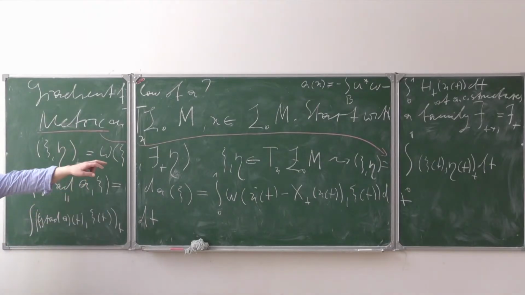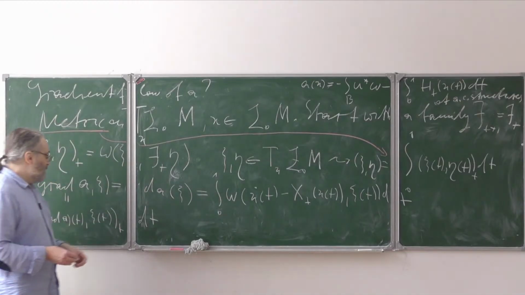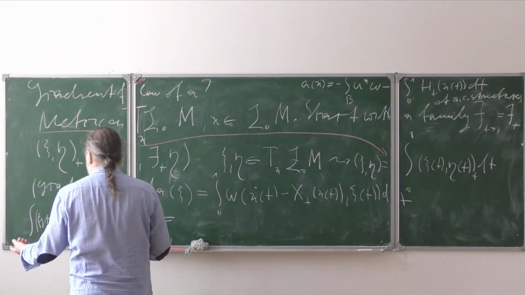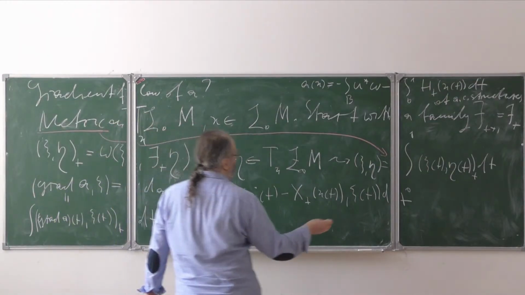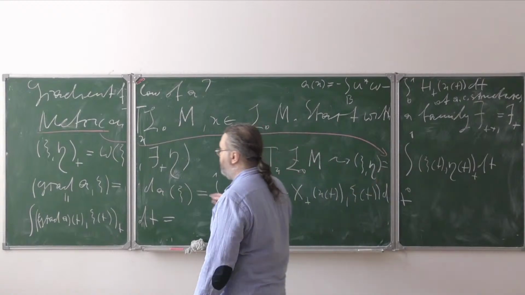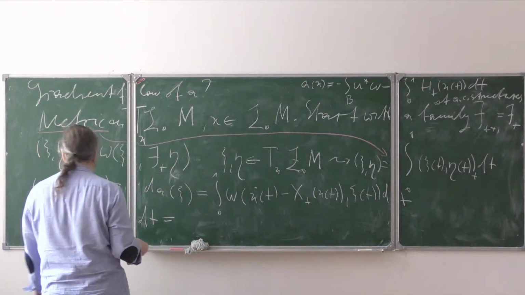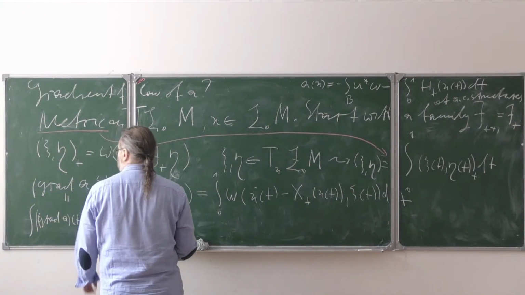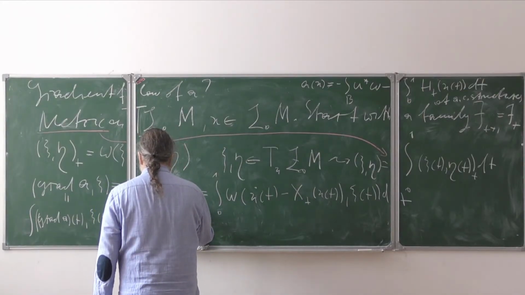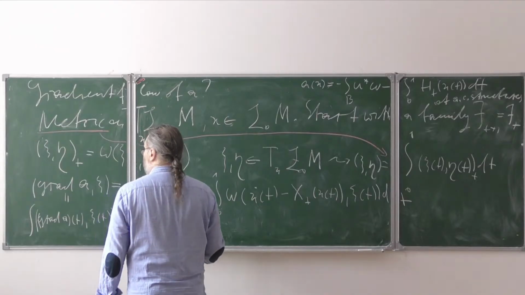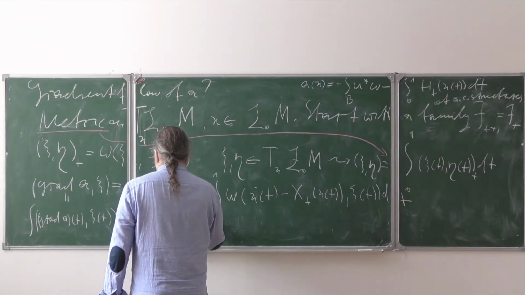I just used the definition on the board. Now I use the definition of the metric, and the result is the integral from 0 to 1 of omega.